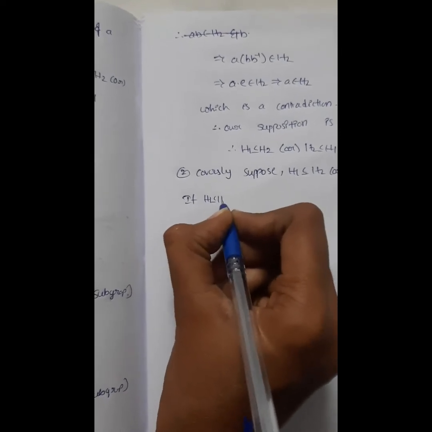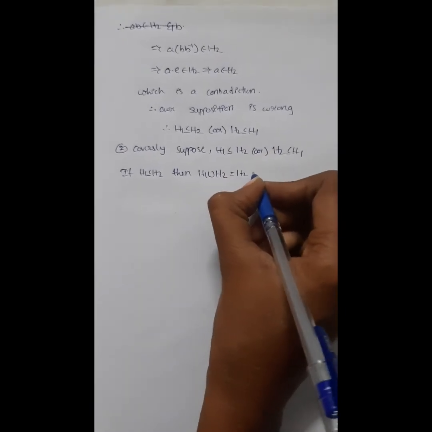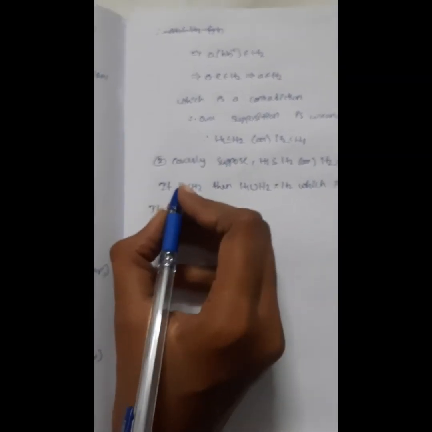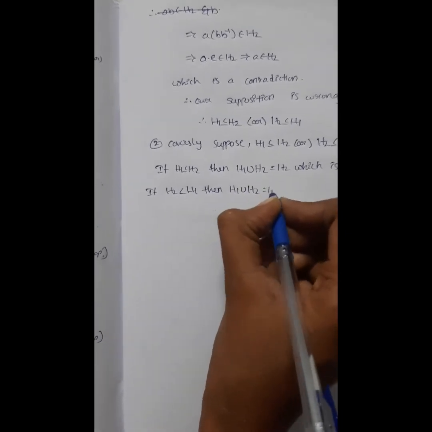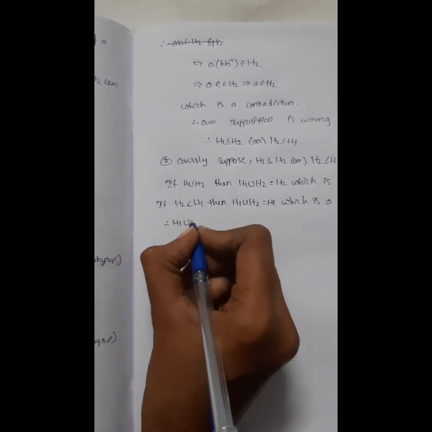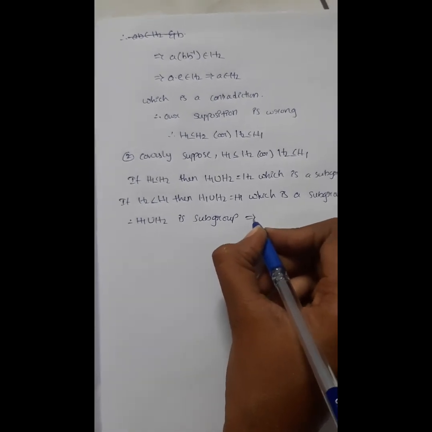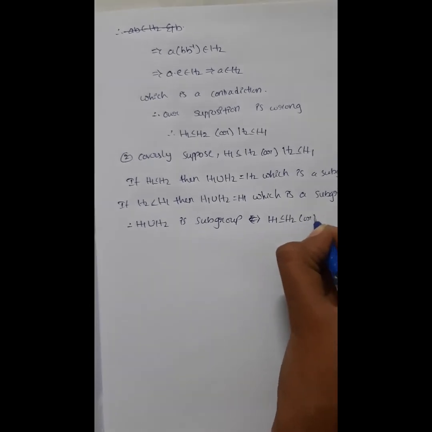If H1 is less than or equal to H2, then H1 union H2 equals H2, which is a subgroup of G. If H2 is less than or equal to H1, then H1 union H2 equals H1, which is a subgroup of G. Therefore, H1 union H2 is a subgroup if and only if H1 is less than or equal to H2 or H2 is less than or equal to H1.